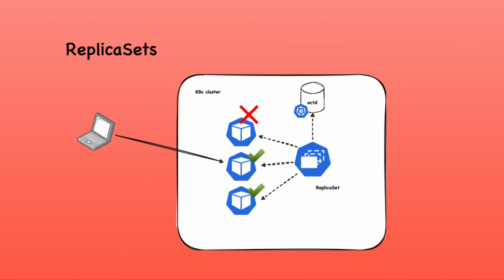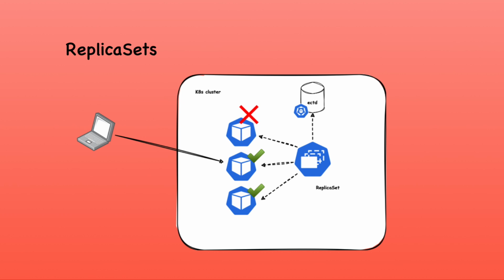And it knows that by checking on information that is stored in a central database in Kubernetes called etcd. So when we submit a request to the Kubernetes API, and we say we would like 3 copies of this pod to be running, that information is stored in this central database.